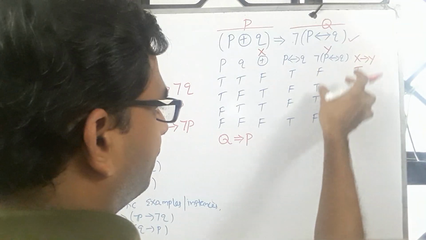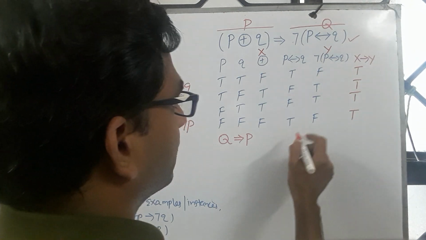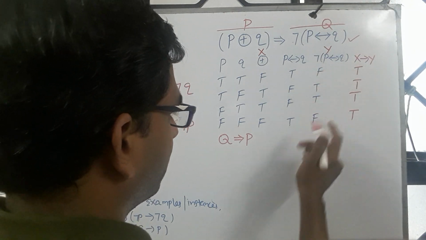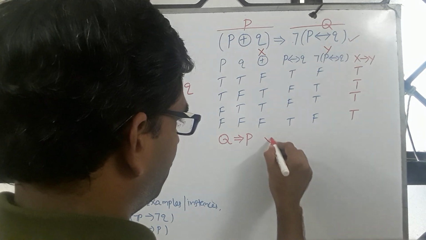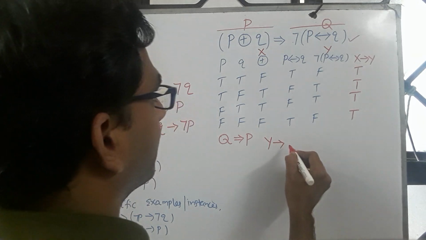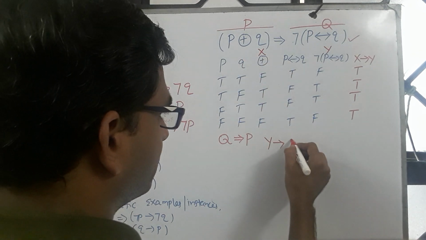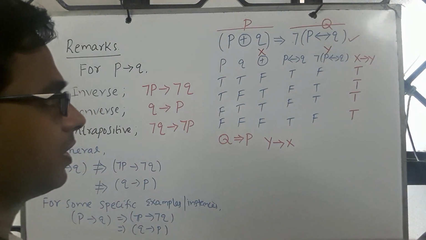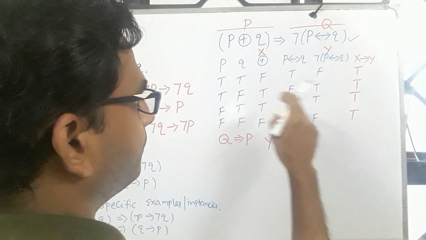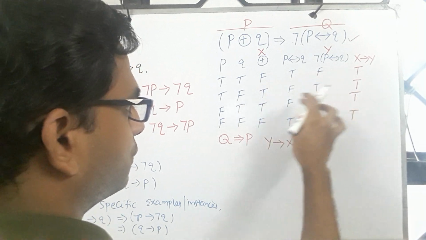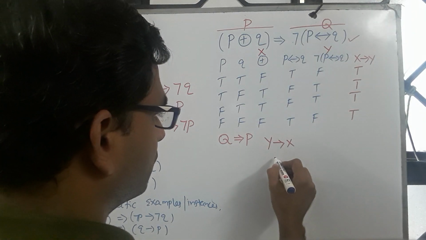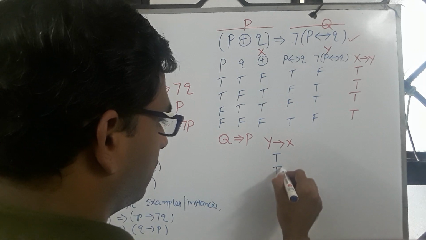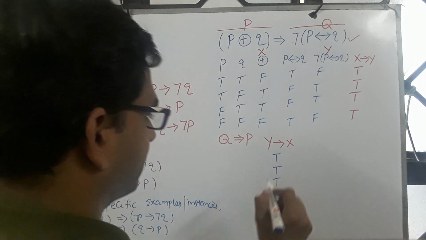And Q we have discovered. What is our Q? Q is my Y, and P is my X. So now when we look at Q implies P, which is false, false, true, true, and so on, which means you get true in all cases.